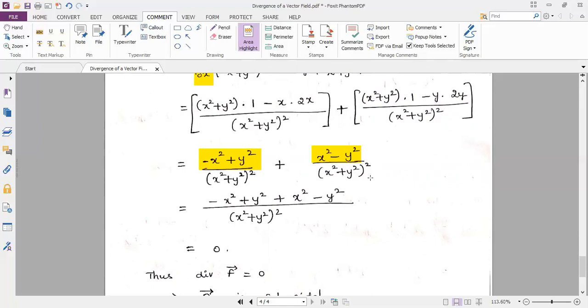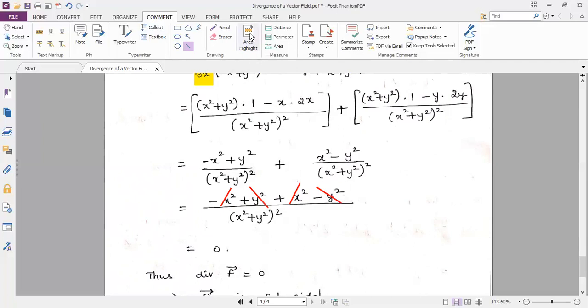Since we observe a common denominator, (x² + y²) the whole square, we write on taking the LCM. Numerator is (−x² + y²) + (x² − y²). We observe that the positive sign and the negative sign are cancelling. Minus x² cancels with plus x², and plus y² cancels with minus y².